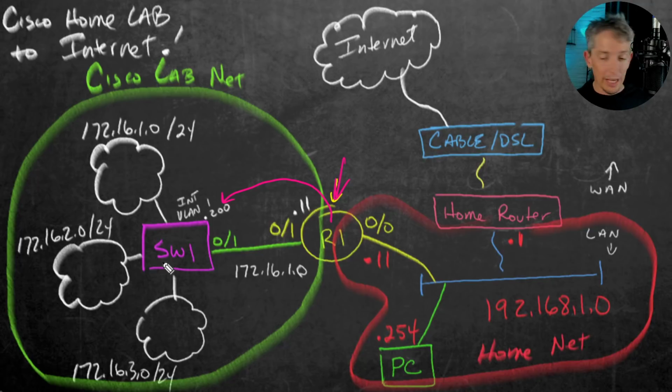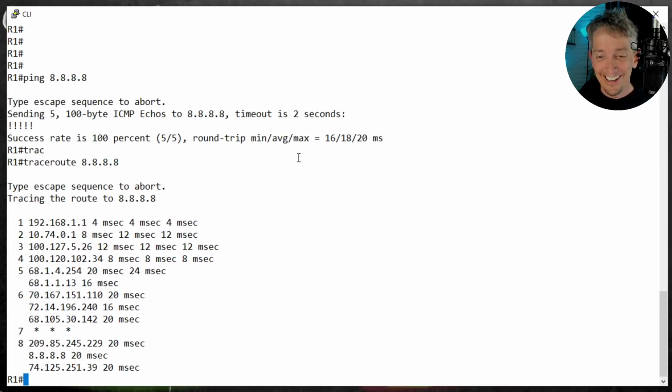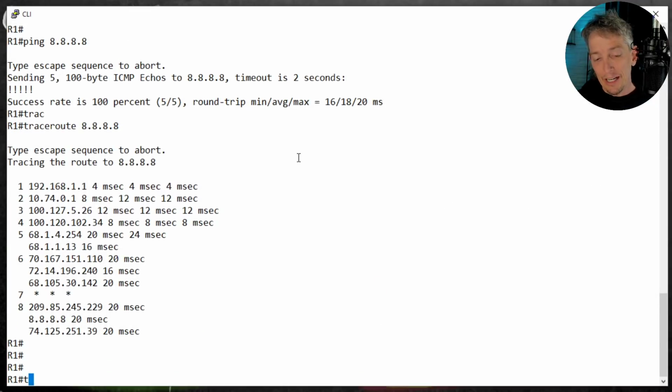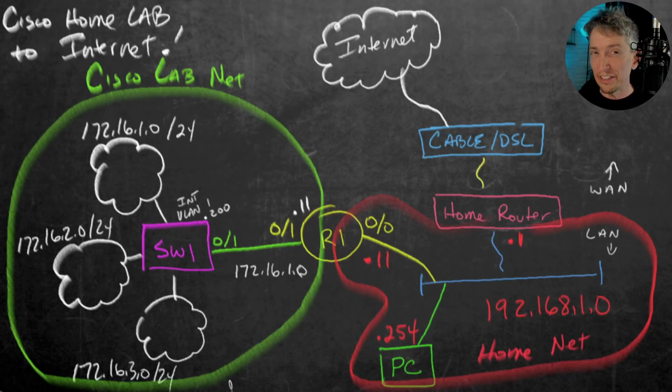All right, so let's do that. Let's go ahead and on R1 we'll do a telnet to, what was the address again? Let's take a look. The SVI address, the switch virtual interface address for VLAN 1 of the switch, is 172.16.1.200.